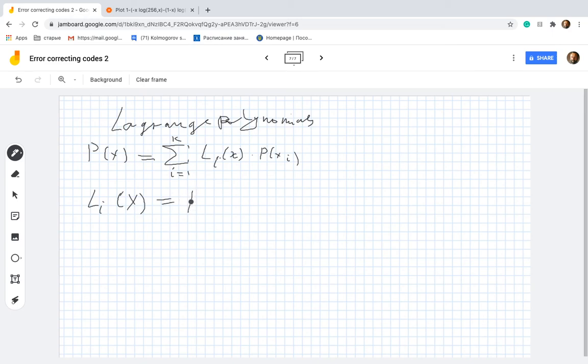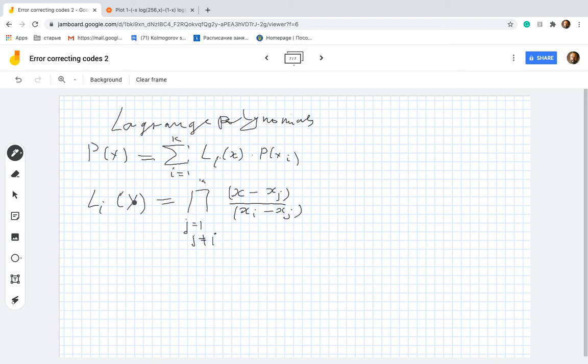It's the product of x minus xj over xi minus xj, where j ranges from 1 to k, j different from i.